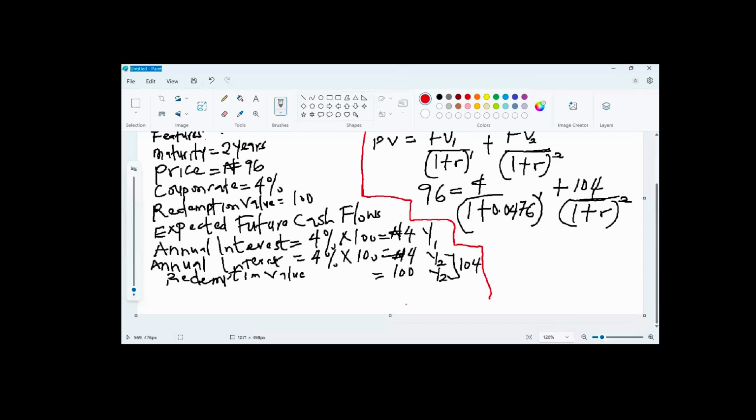I can come here now with this equation. I want to carve this out.